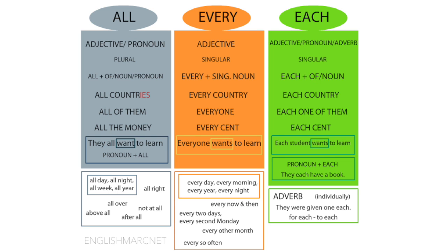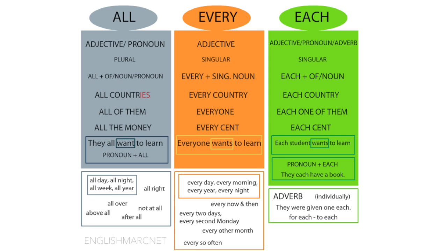Then we have each country, as I told you before. Like every country, each country means every single one of them. And if we want to use all, we say all countries. This is a singular form, so each country.